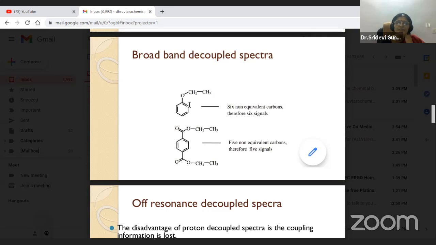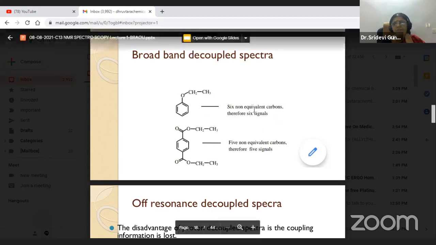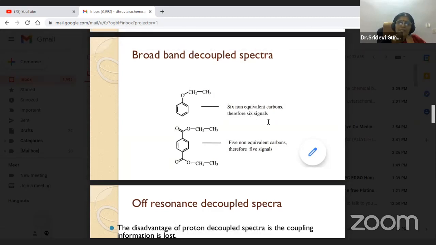It's different. And these 2 are same, ortho to the ethoxy group. This and this are same. This meta also same, 2. And this is para. So 2 ortho carbons, 2 meta carbons, and 1 para carbon. So 1, 2, 3, and 1 ipso carbon. So 4 aromatic signals, and 6 non-equivalent carbons, and therefore 6 signals.